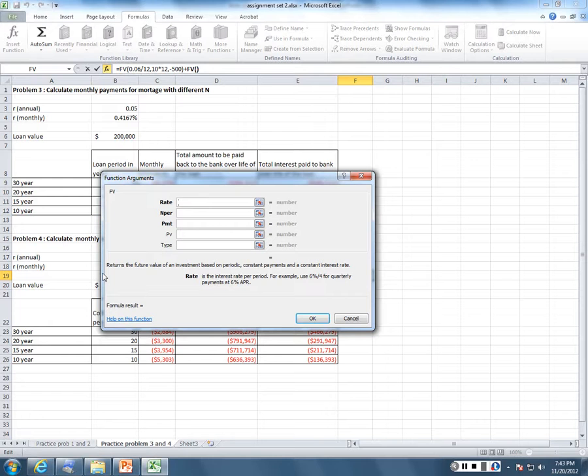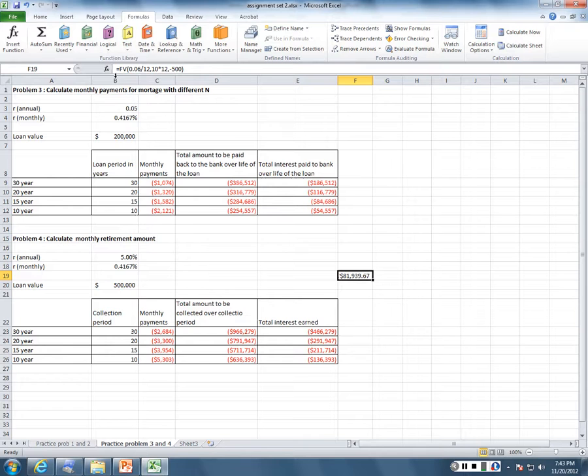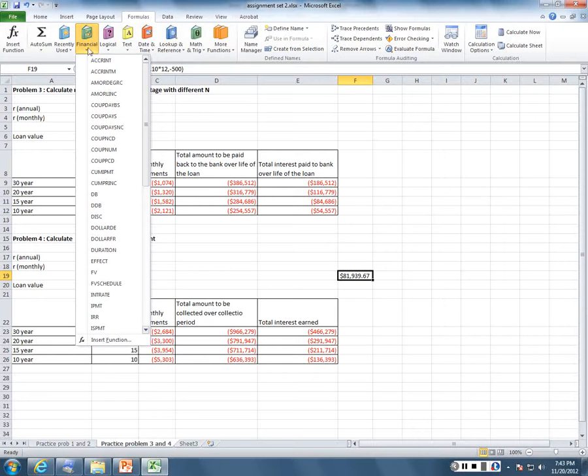Everybody okay? All right. So let's do mortgages, again financials. What I gave you is that a person is borrowing $200,000 for a mortgage, and the bank has calculated the monthly payment for you.